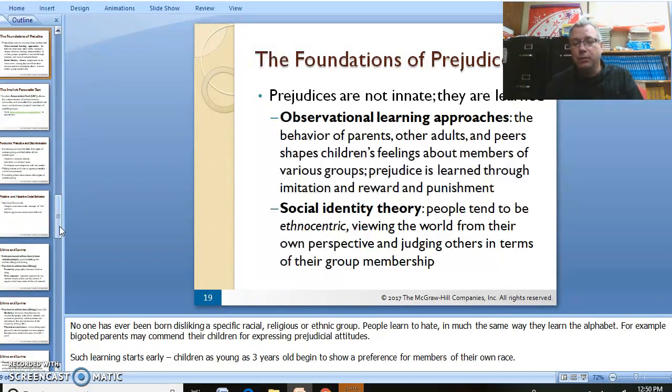And then we have social identity theory. We are very egocentric. We have problems seeing the world from another person's perspective. A lot of times what we have is people who say, well, I was able to do this and this. Well, you're not them. You don't know what they've experienced. Just because you were able to do something or something's not affecting you does not mean it's not affecting other people.